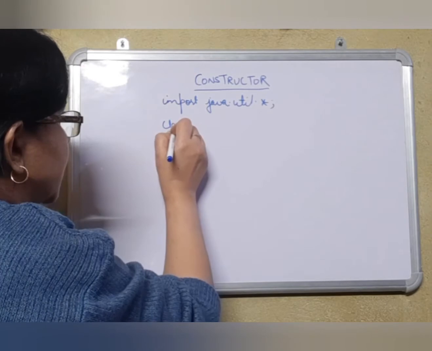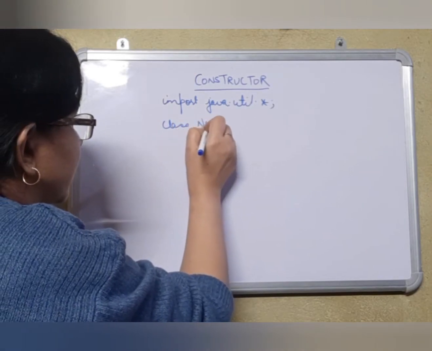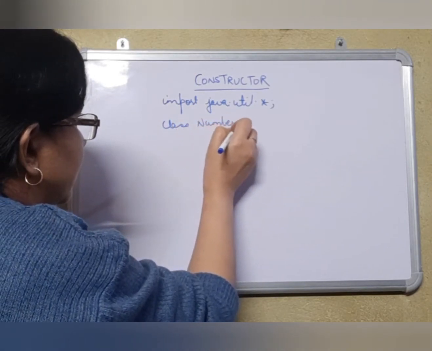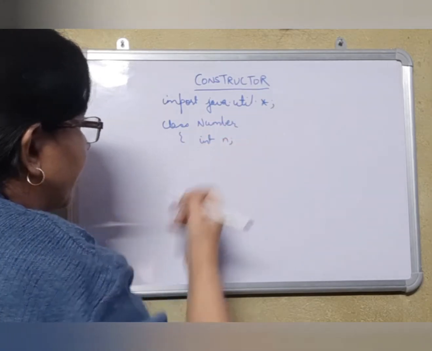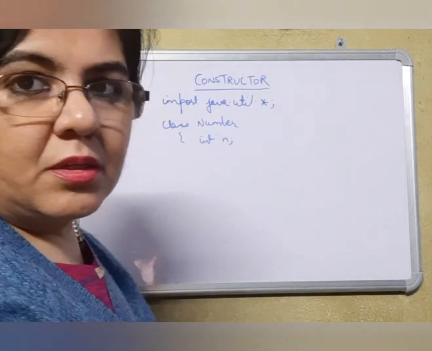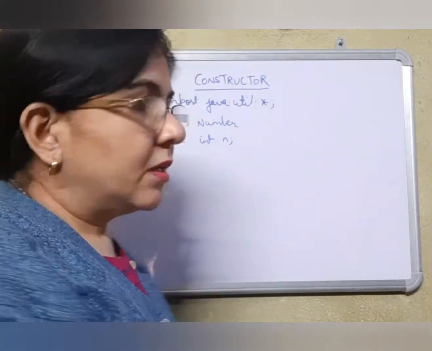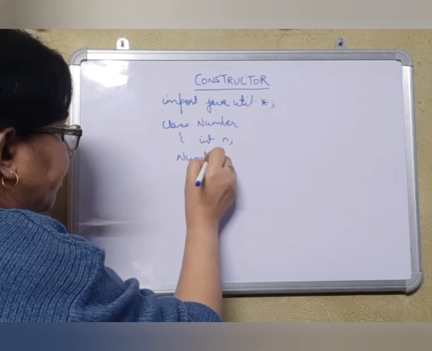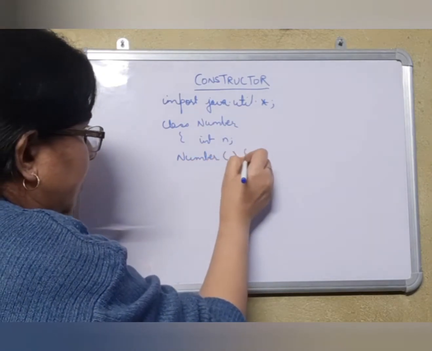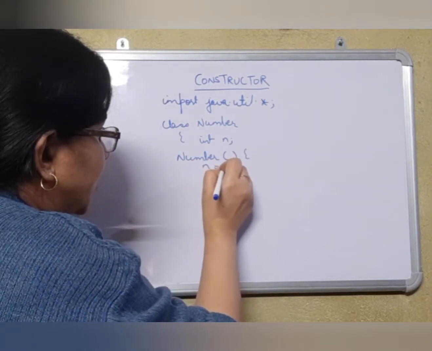This is a class number. This is int n. As per the question that the data member is int n. This is a constructor number in which you are initializing n with 0 value.